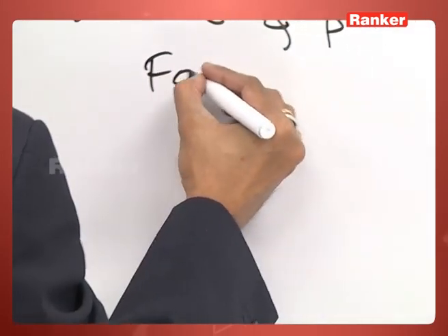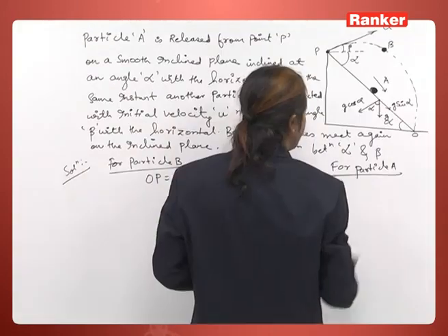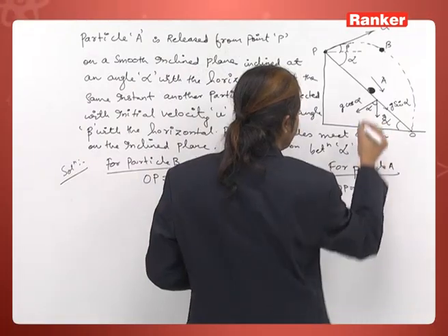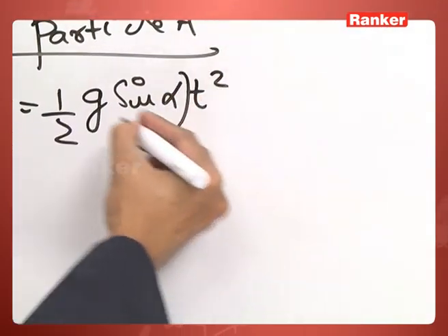Let us have for particle A. For particle A, OP is equal to half g sin alpha into t square, since it is released from rest.